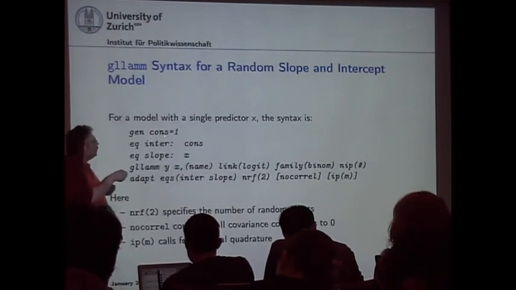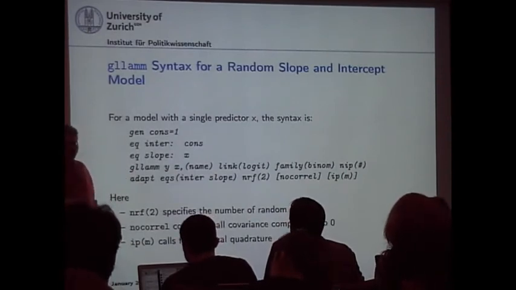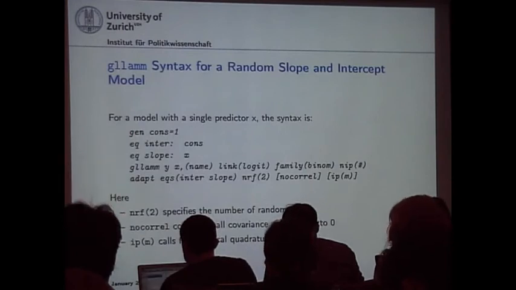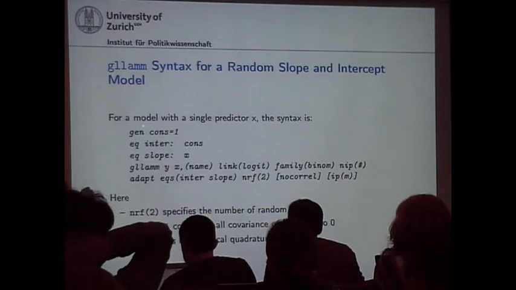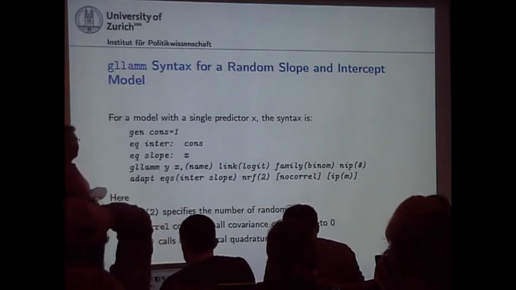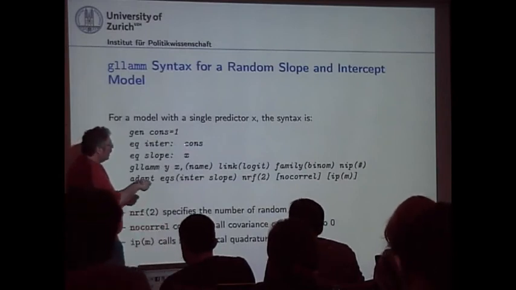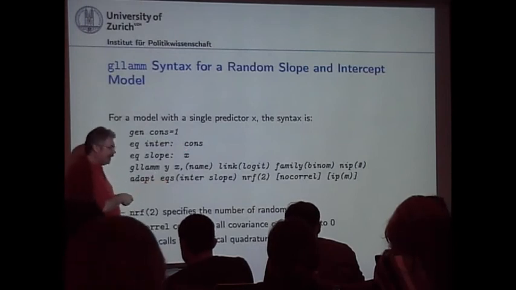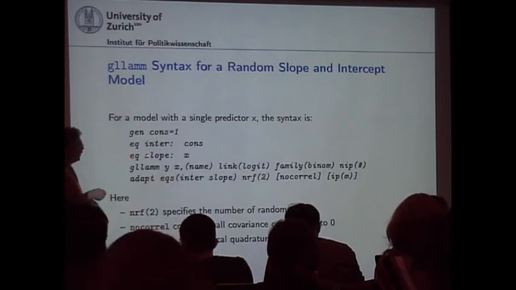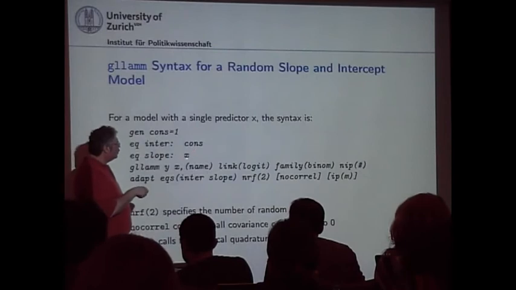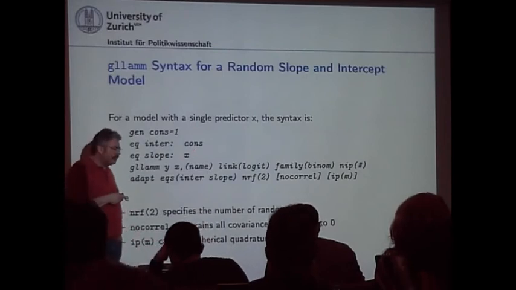You start by generating a constant term, which is just equal to 1. And then you get an equation, I call it the intercept, that is the constant, and then an equation slope, that is for the x you're interested in.